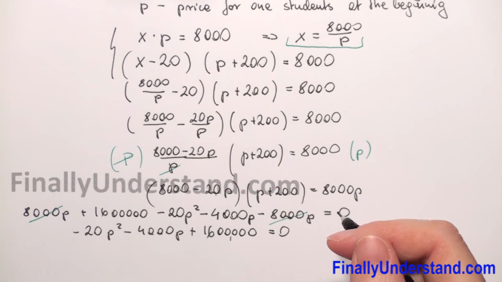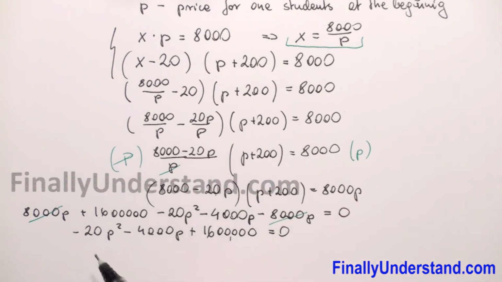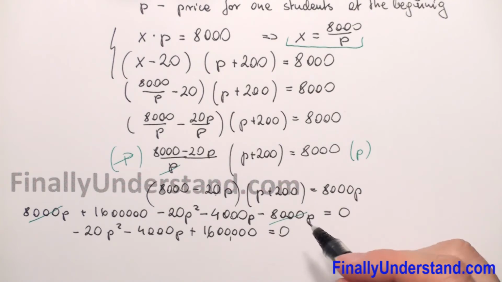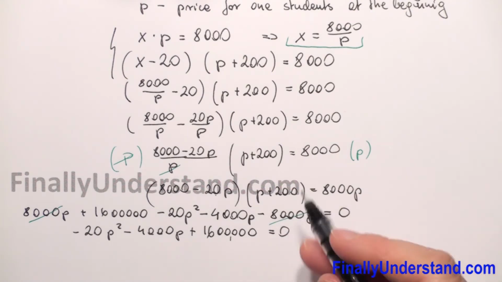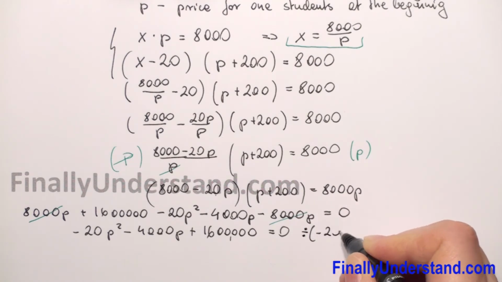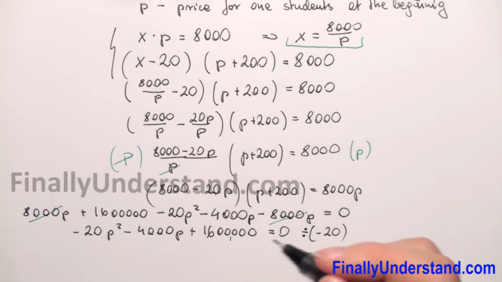What next can we do? We can divide by negative 20, because I don't like a negative sign at the beginning, so I will divide every expression by negative 20. Both sides we have to divide.